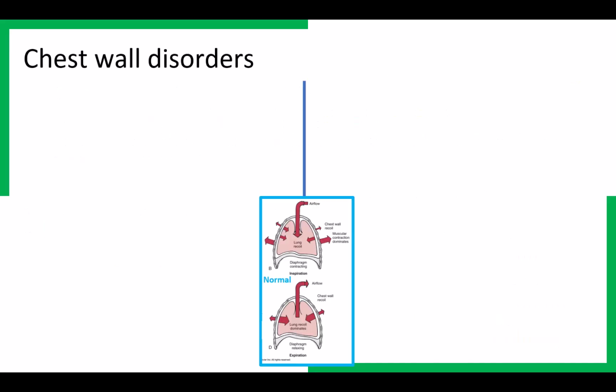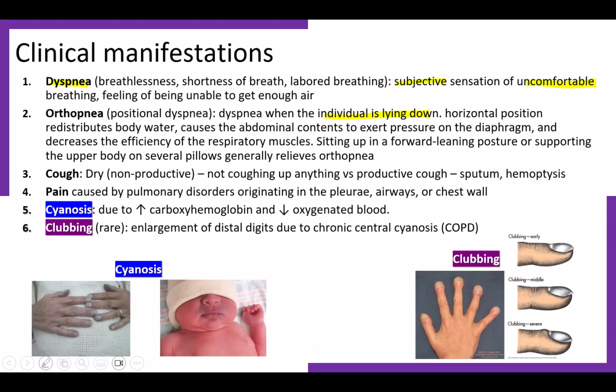And what happens when the individual is lying down is this. When you've got a person standing up, the fluid in the lungs can, because of gravity, be pulled towards the lower end of the lungs, and you've still got the ability for diffusion of oxygen and so forth to occur.